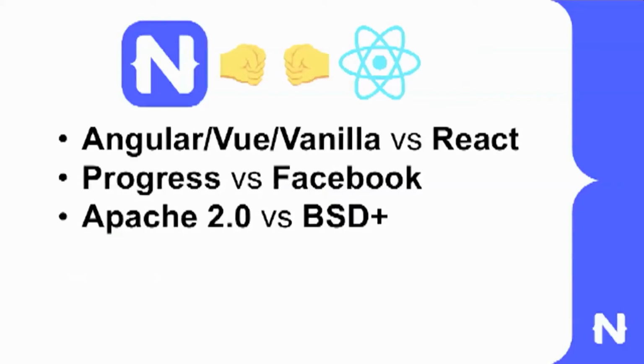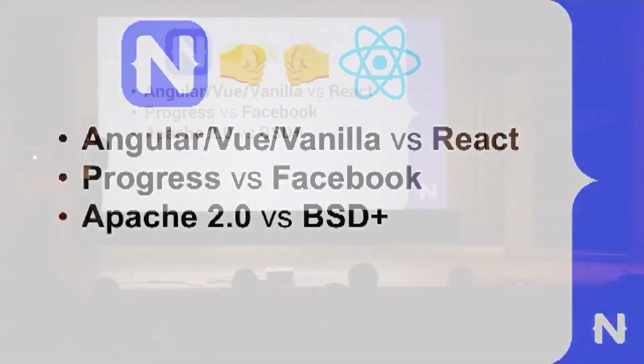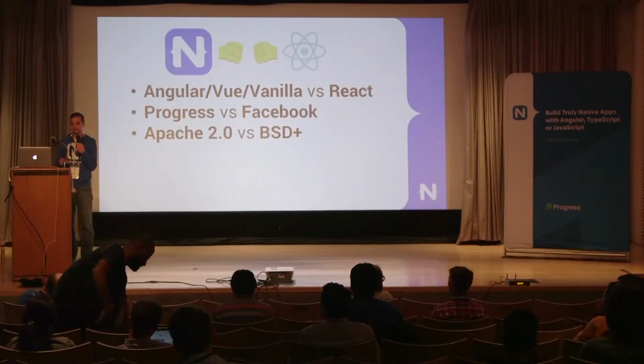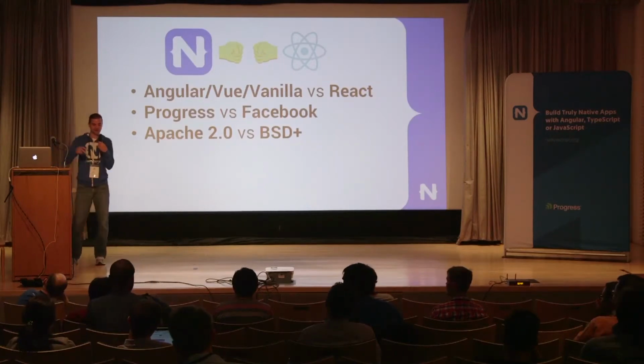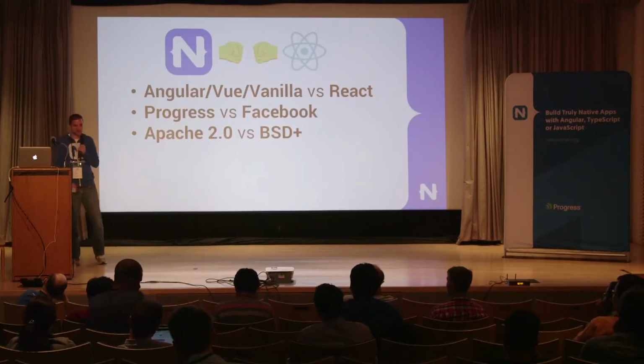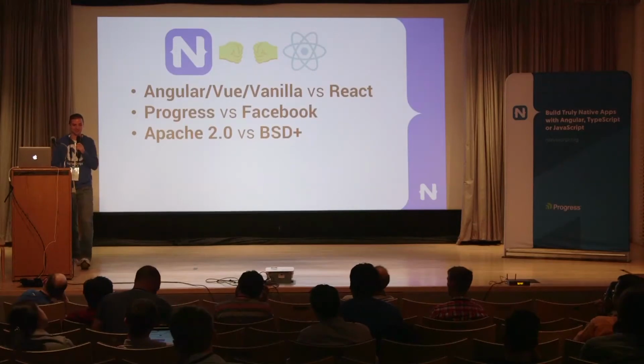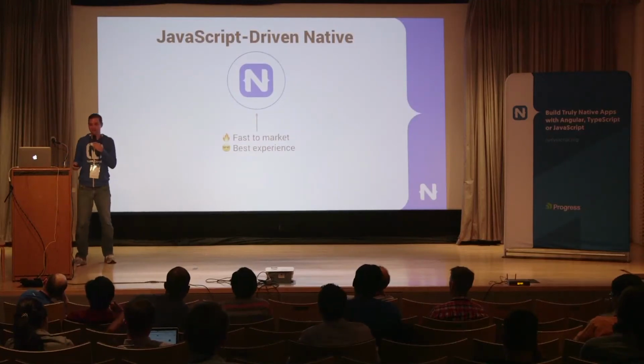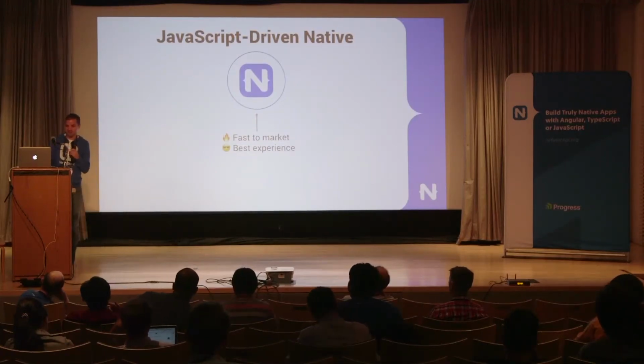Of course, Facebook went ahead and added a clause to their BSD license, which makes it slightly less friendly for startups, for corporations to use. Yeah, I don't want to spread too much ill will, but it's not the most friendly license. So I'm gonna choose NativeScript today. I suppose you don't want to hear a React Native talk, so let's focus on NativeScript today.